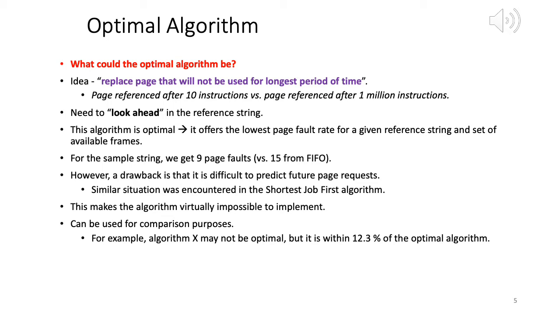In that way, we can get the best benefit, because if we evict a page which is very heavily used, then we'll have a large number of page faults, because as soon as we evict it, perhaps in the worst case, the next access may be for that very page, which we saw many times in the FIFO algorithm. So pages which are heavily used should be kept in memory for the longest possible amount of time. Pages which are lightly used or not used should be evicted if the need arises.